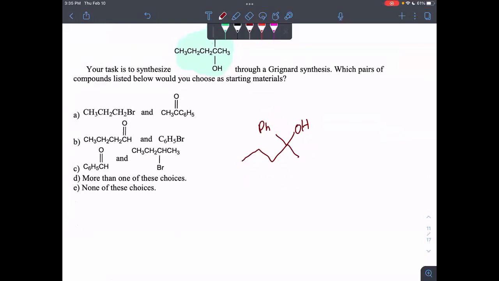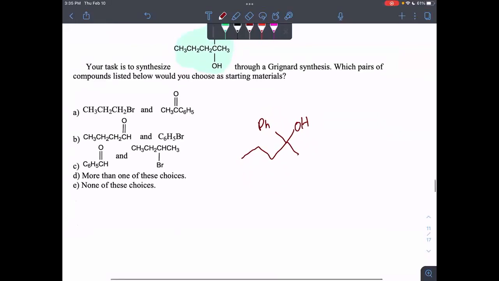Okay, so in order to get this product, the easiest way is to start with 2 out of 3 substituents. We have a quaternary carbon in the final product, so the easiest way is to start with a ketone with 2 of the existing substituents.